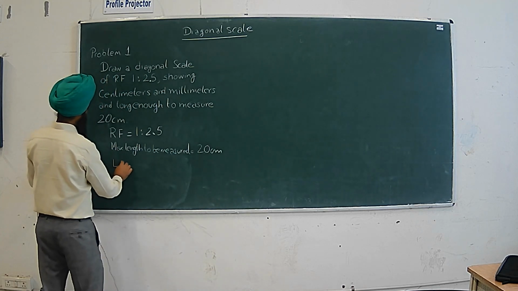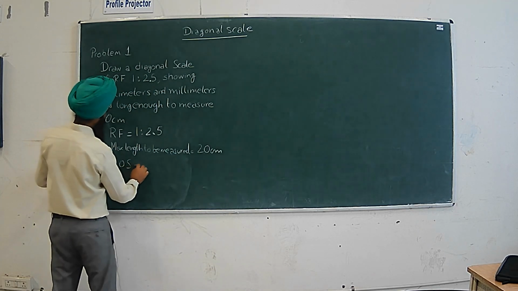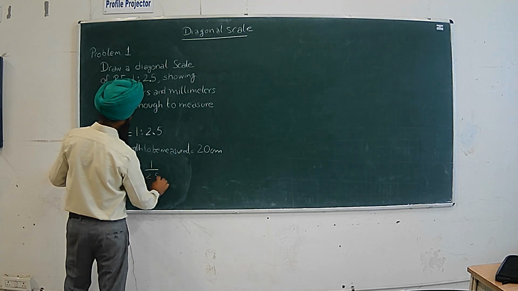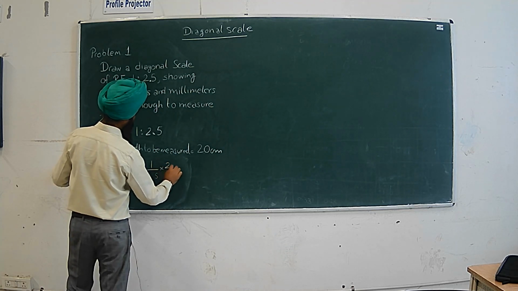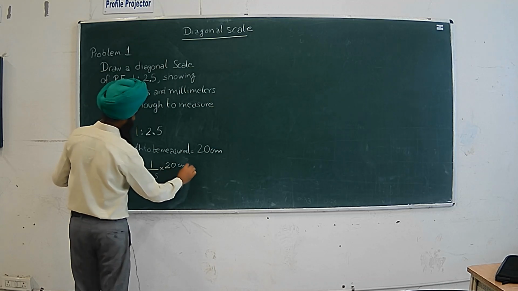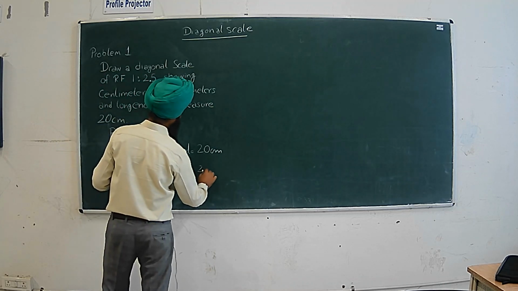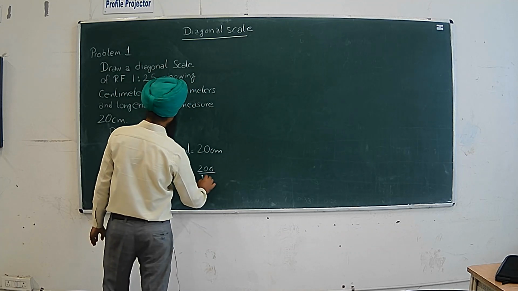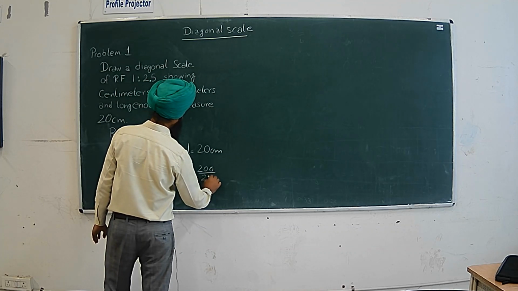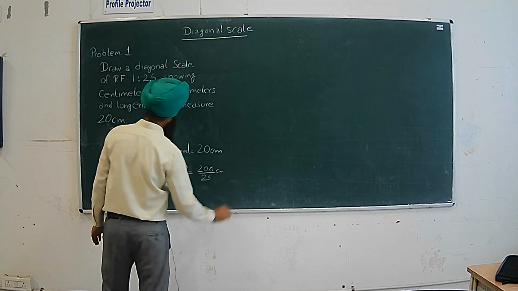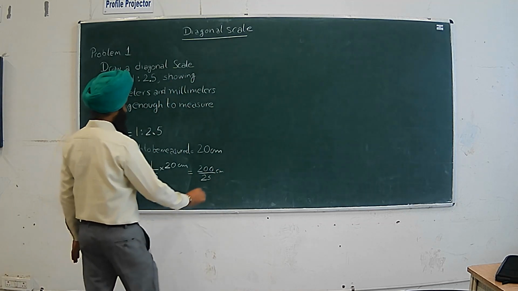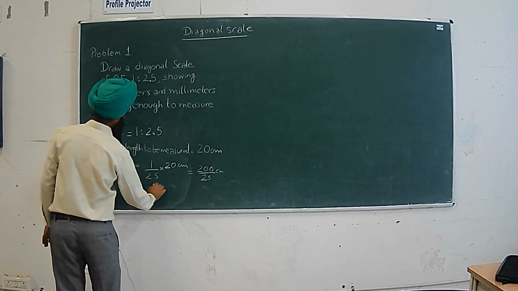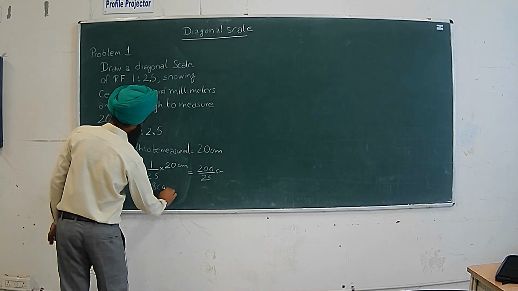So our LOS, length of scale, comes out to be 1 is to 2.5 into 20 centimeter. It is equal to 200 upon 25 centimeter, which is equal to 8 centimeter.